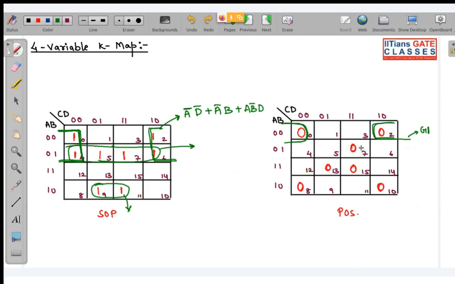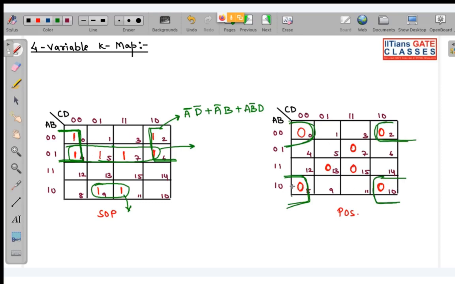See, the 4 corner zeros are grouped together. So when I connect this point with this point, these 4 zeros are consecutive to each other. 0, 2, 8, 10.